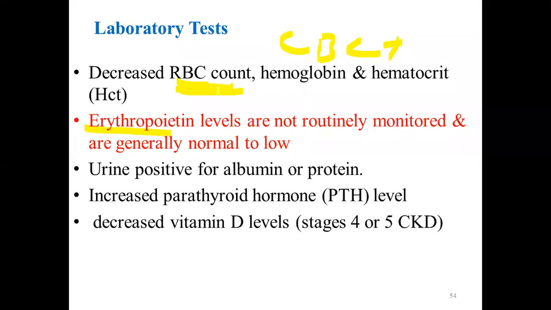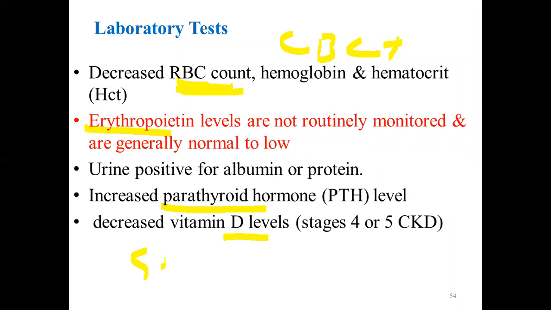Okay, then urine positive for albumin or protein is very common, and apart from that, there is an increase in parathyroid hormone level. Those measurements are mandatory, by the way, so that we can know whether the patient is having secondary hyperparathyroidism or not. Then decreased vitamin D level.